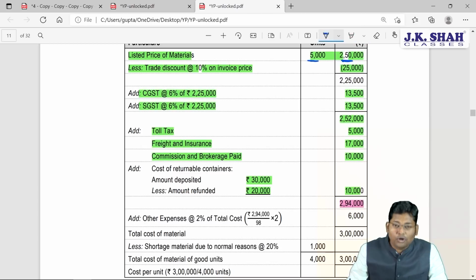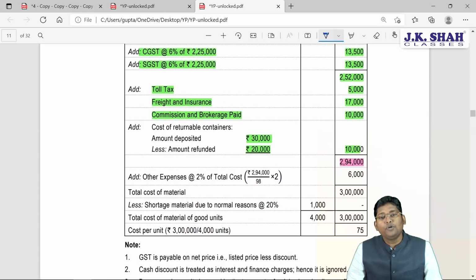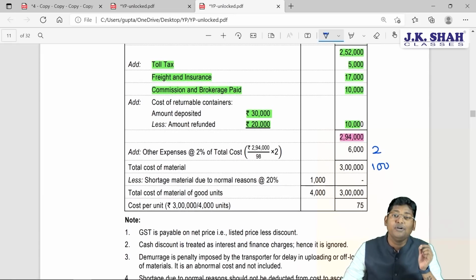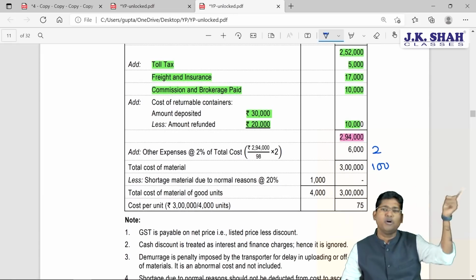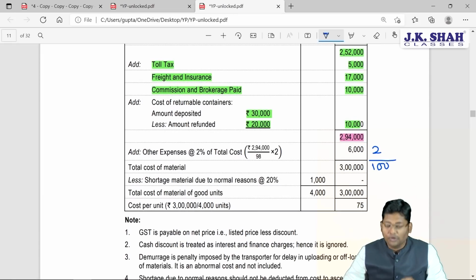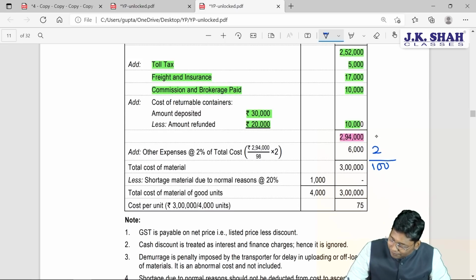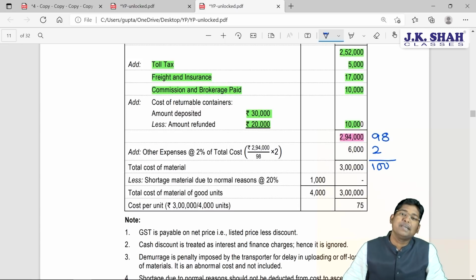But guys, this is not your total cost. In this total cost, we should add other expenses which are 2% of the final total. 2% of final total means when your final total overall cost of material is 100 rupees, your other expenses consist of a 2% proportion of it, which means the remaining computation is equal to 98%.